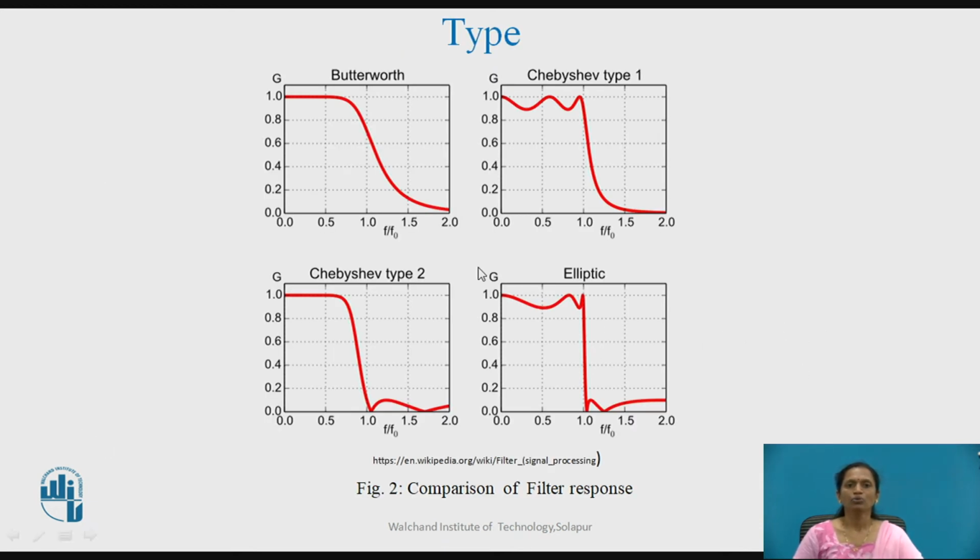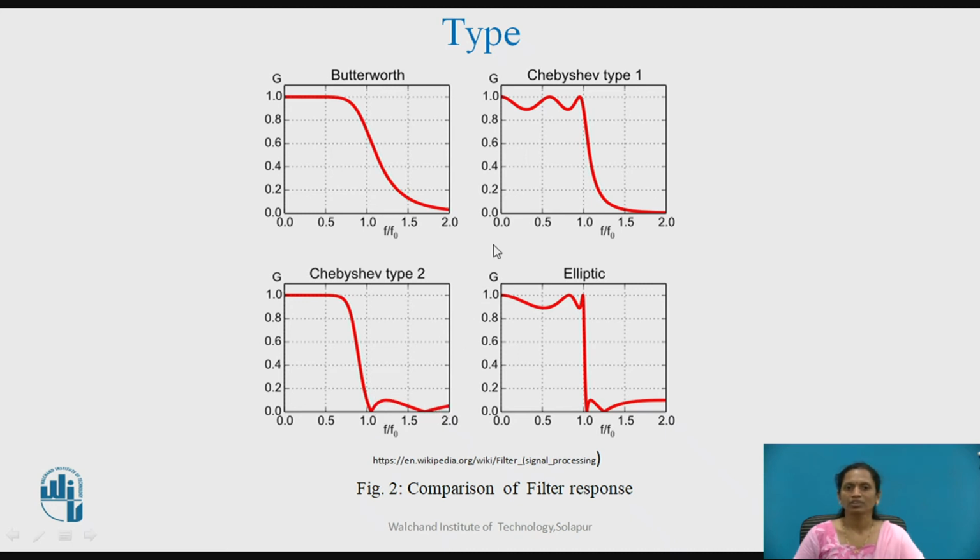Now look at these four graphs carefully. These are for Butterworth, Chebyshev type 1, Chebyshev type 2 and the elliptical respectively. You can observe in the Chebyshev type 1 filter, in the pass band, there are ripples, and in the Chebyshev type 2 filter there are ripples in the stop band.